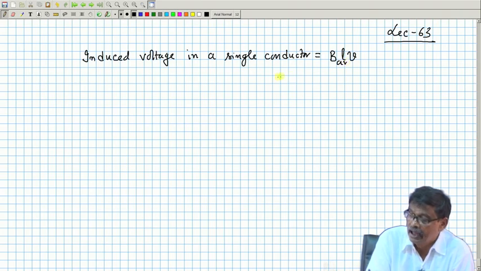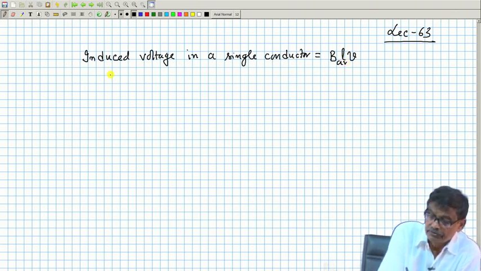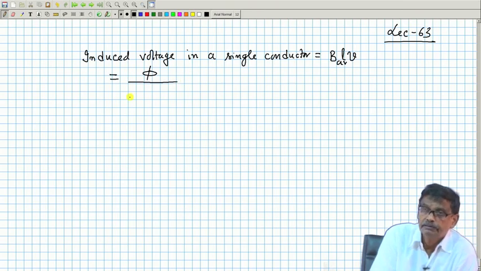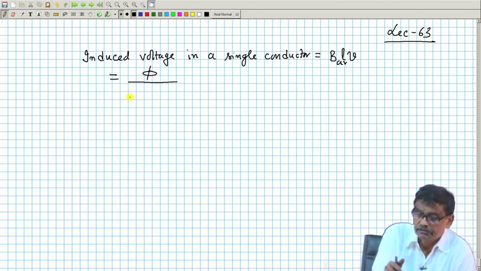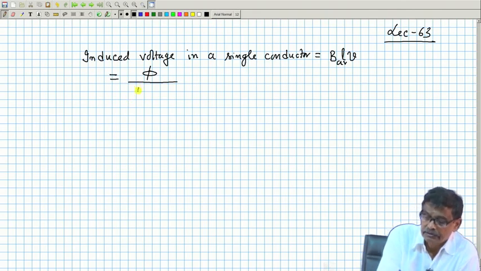And B average I found out to be flux per pole phi divided by the area over which this flux per pole will enter into the rotor, and that is equal to pi d by p into L.